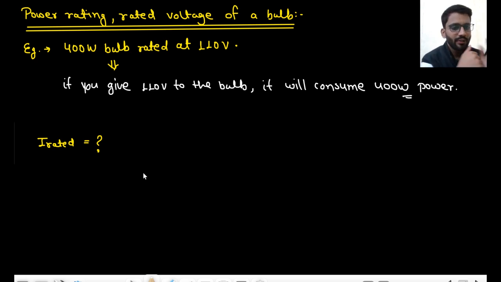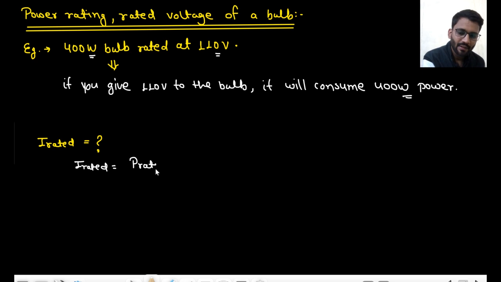Now there is this I rated. Mostly these two terms, power rating and voltage rating, are given. But sometimes they can give I rated as well. So what is I rated? I rated is simply power rating upon V rated. That means what is the power rating? That is 400 watt and the rated voltage was 110.